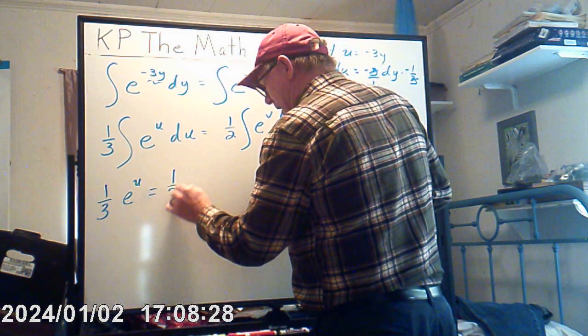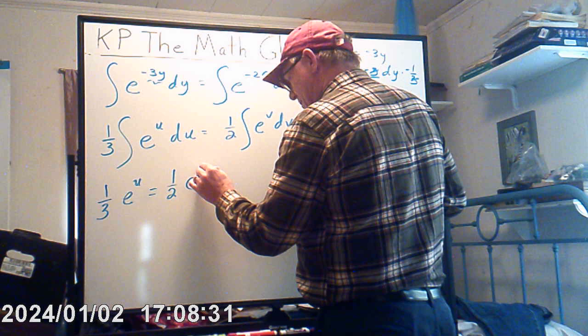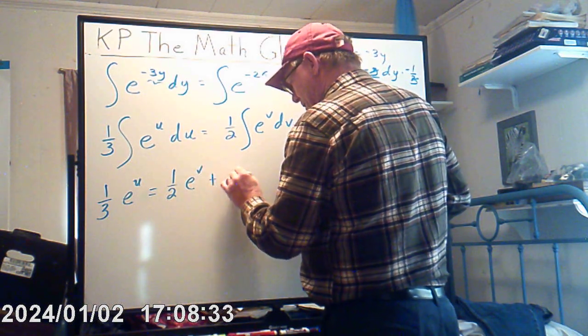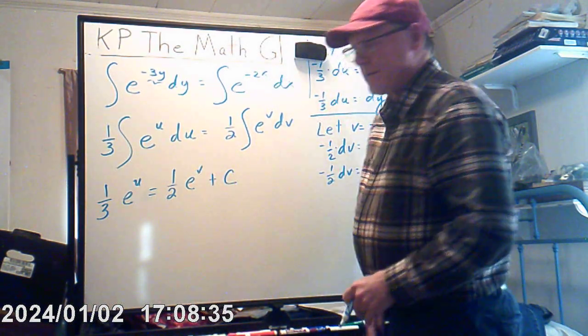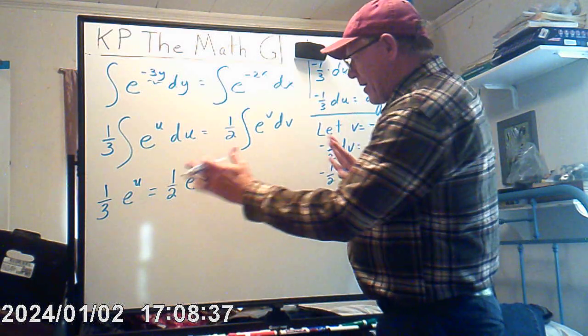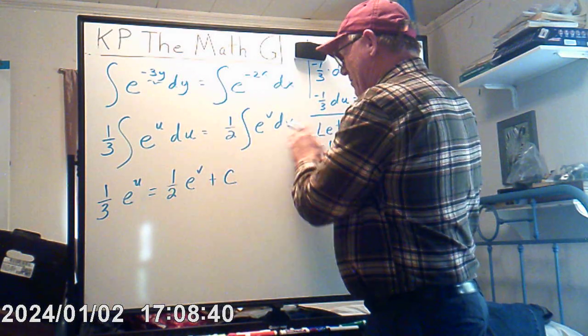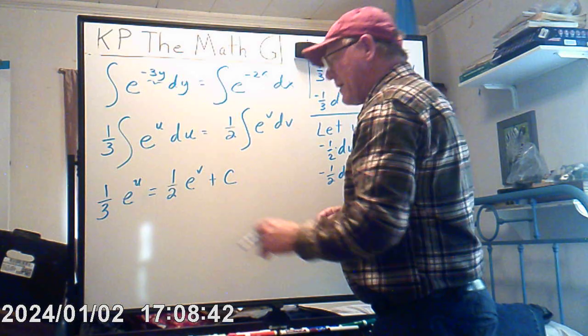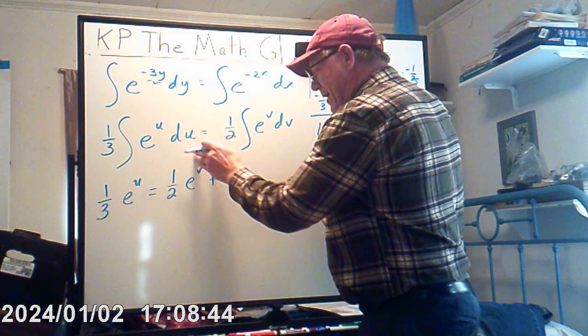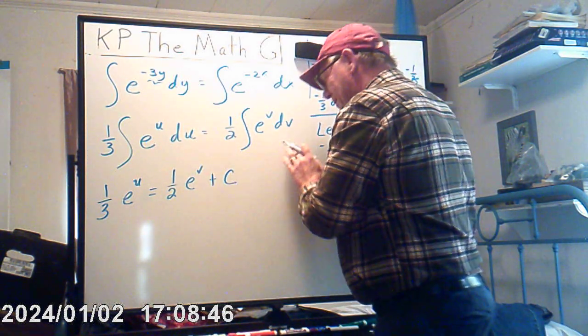This is 1/2 e to the b plus c. I could go into all this plus c1 and then c2, and actually you'd have a 1/3 c1 and a 1/2 c2.